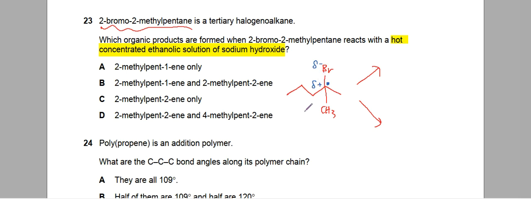When the elimination happens, the double bond can be positioned in two possible places, 1, 2, 3, 4, 5. The first possible position is here.